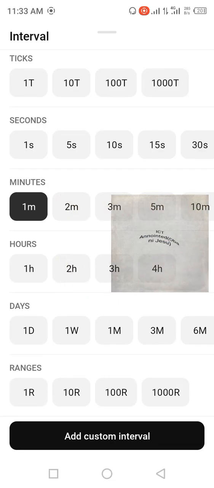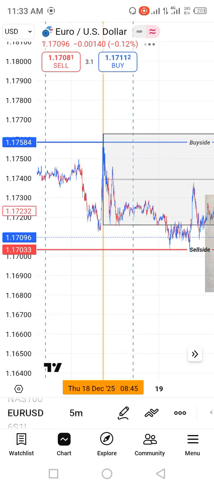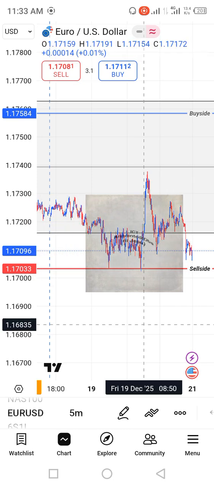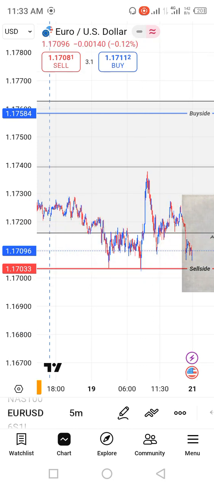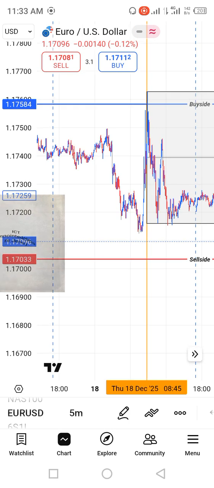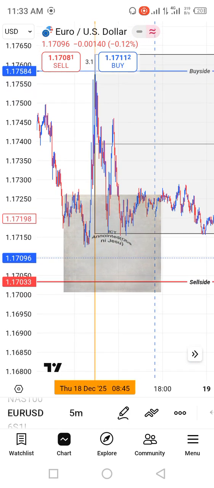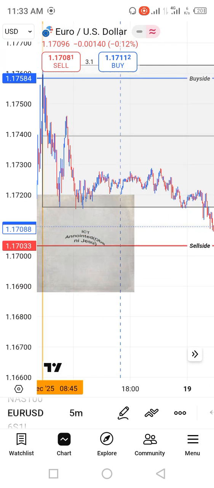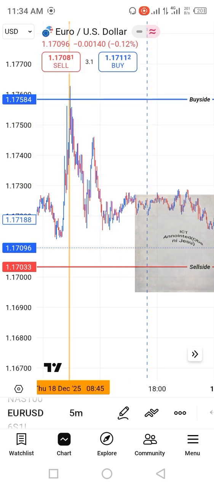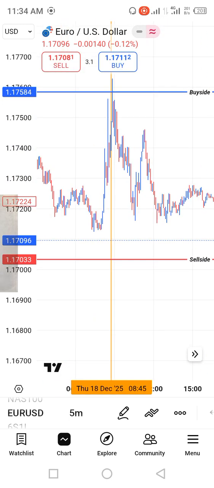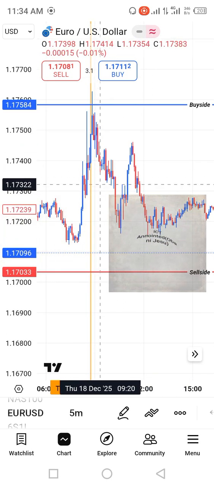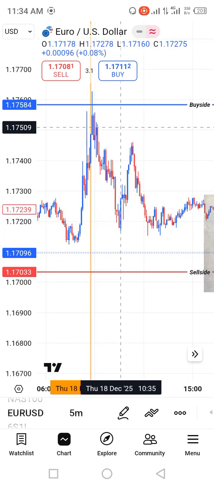So from there now you can see that our sell side that we marked came and market kissed it here, and this is where we go out of the market for the day. So this was how I traded CPI news release. I wasn't in the market until the release, but the moment after the release I marked the footprint, what I mean the footprint that price left in the market.